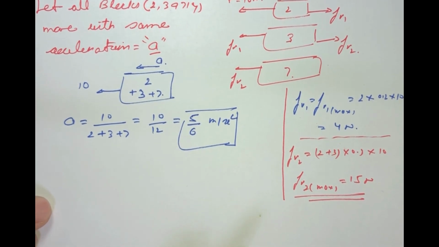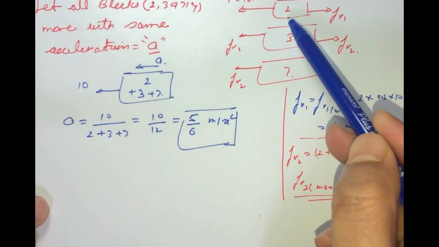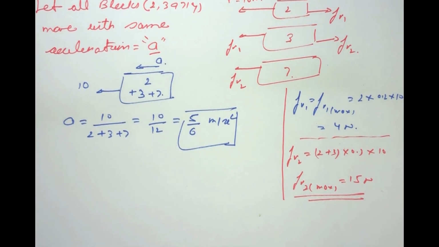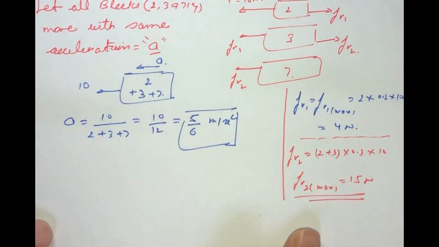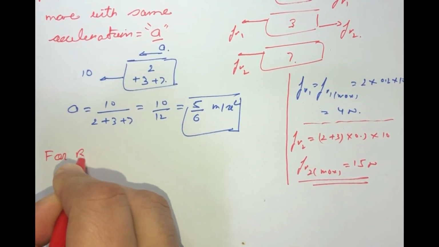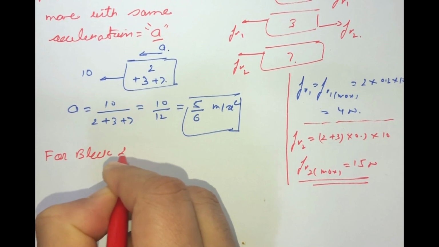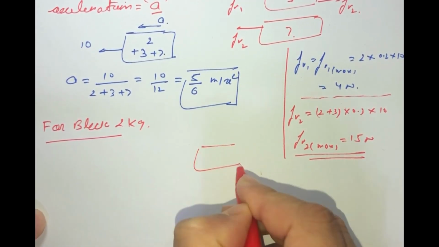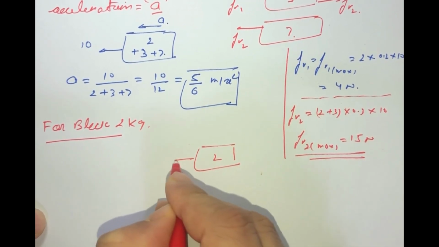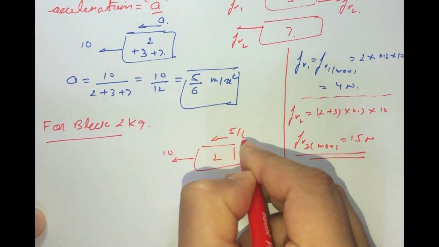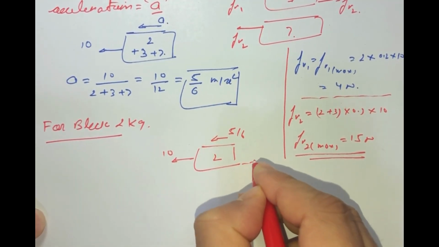Now let us see whether there will be any slipping between 2, 3 and 7. So we are going to use block 2 kg. This is the 2 kg block, the applied force is 10 Newton and it is moving with acceleration 5/6, and we have a friction that is Fr1.